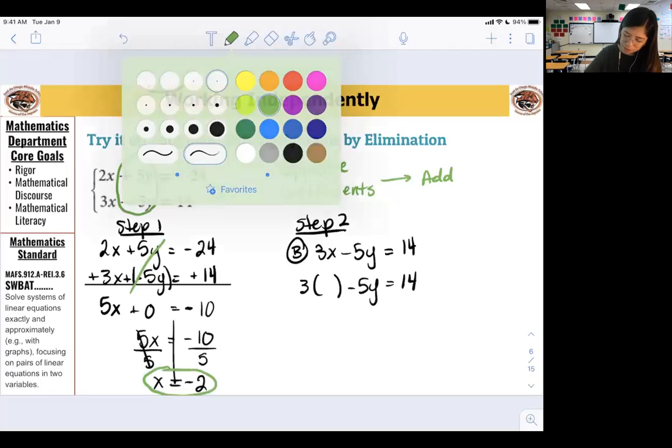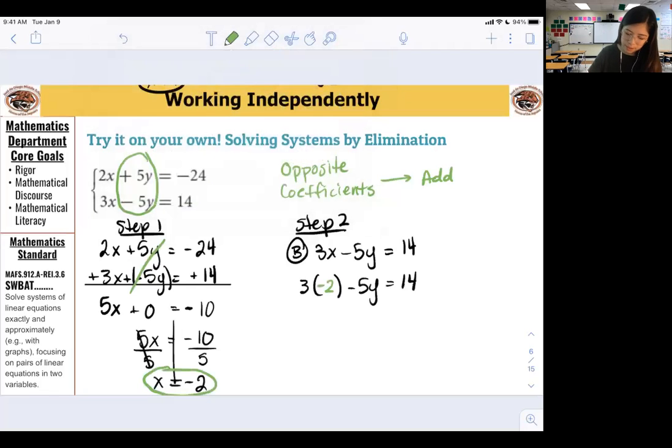Plugging in a -2. And let's do our math. 3 times -2 is -6. -6 minus 5y equals 14. Now what?